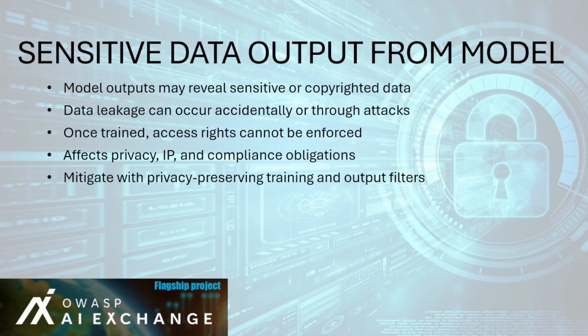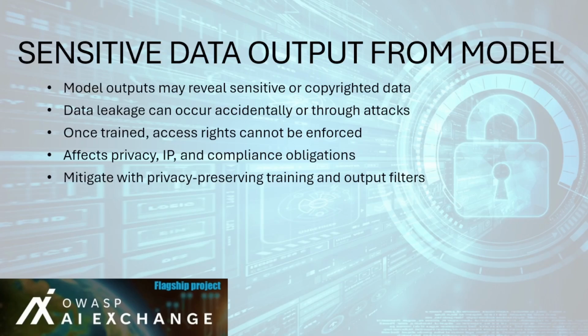Key risks are 1. Privacy violations exposing personal or confidential information. 2. Intellectual property leaks reproducing copyrighted or internal content. Or 3. Compliance failures breaching laws like GDPR or HIPAA.